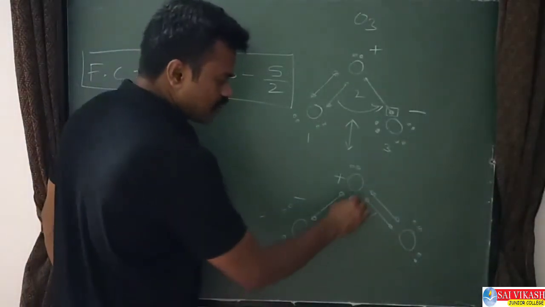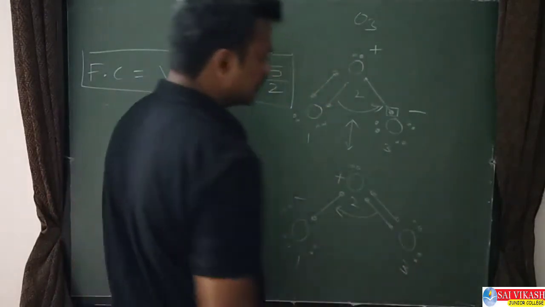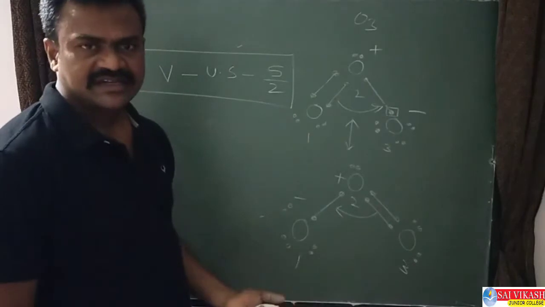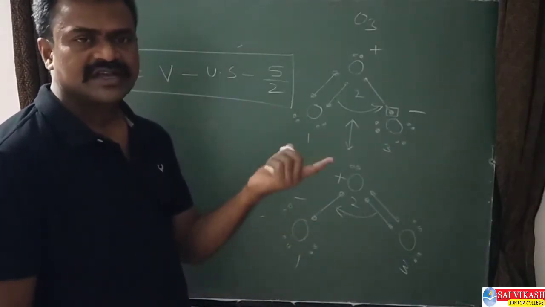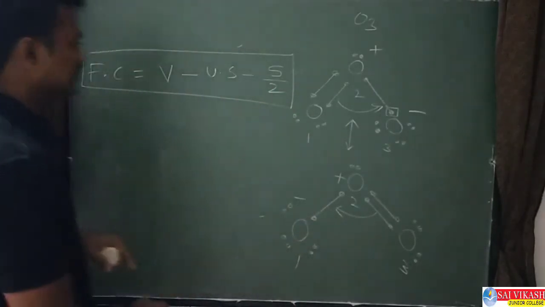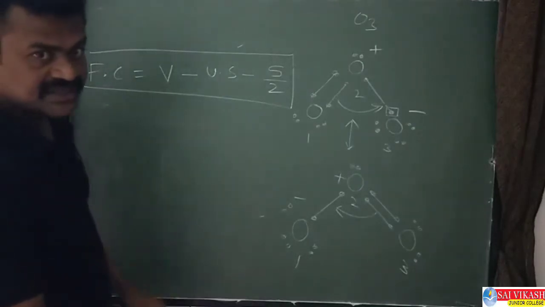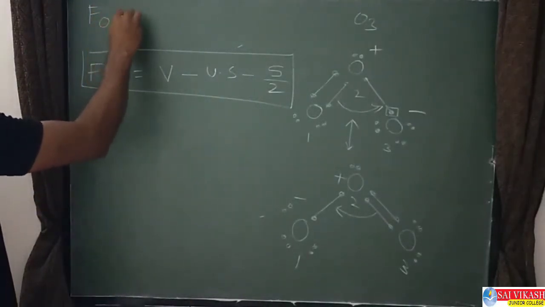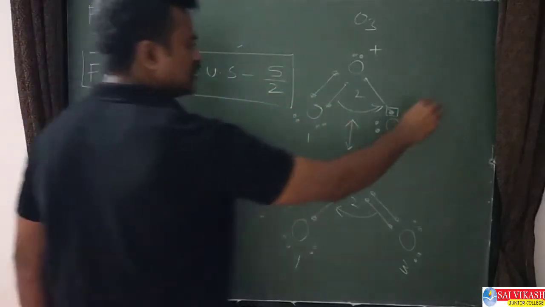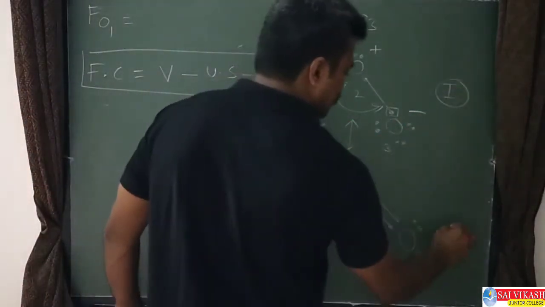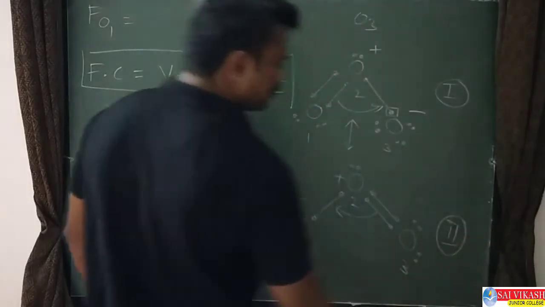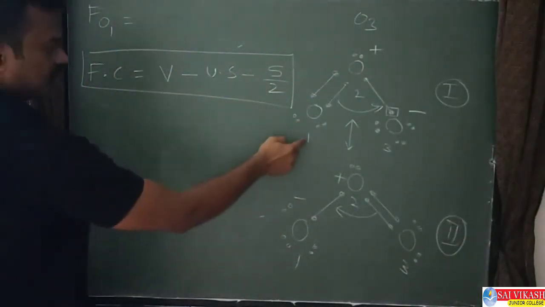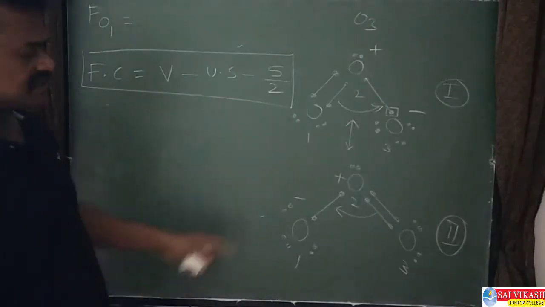Now this is oxygen 1, oxygen 2, oxygen 3. So there are 3 oxygen atoms. Let's find out the formal charges of all these 3 oxygen atoms. I am taking the formal charge of oxygen 1 in structure 1; this is structure 1 and this one is structure 2. Tell me, how many valence electrons?